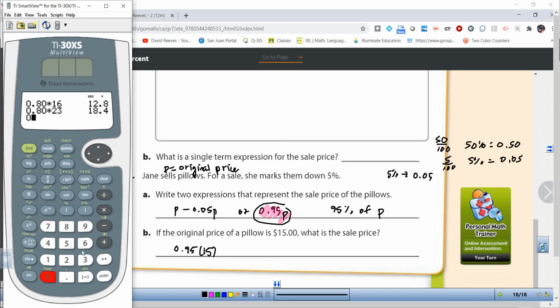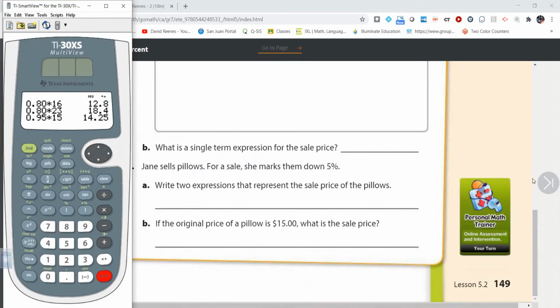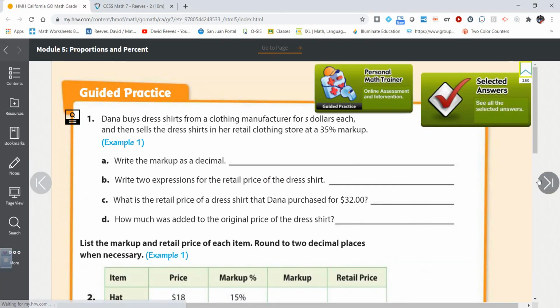I'm going to go 0.95 times 15, and when I do that, I get $14.25. All right, $14.25. So 5% turned out to be 75 cents. They saved a whopping 75 cents because, of course, 5% is not very much money at all.